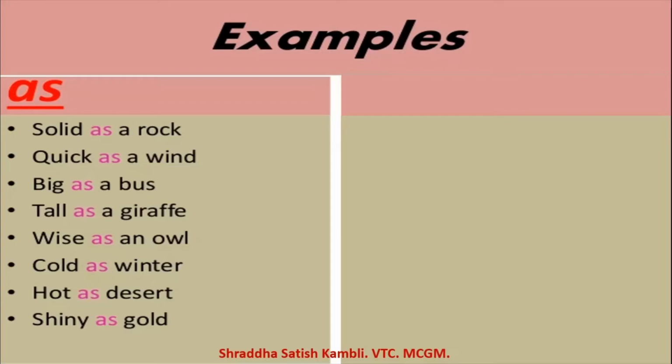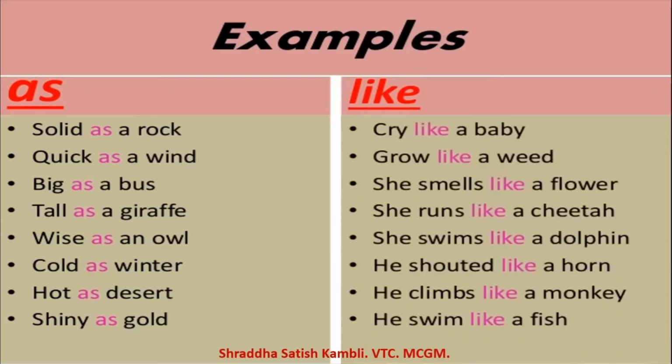Moving on, let us look at some examples with the word like. So here they are: cry like a baby, grow like a weed, smell like a flower, run like a cheetah, swim like a dolphin, shout like a horn, climb like a monkey, swim like a fish.